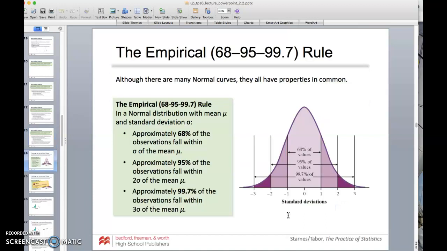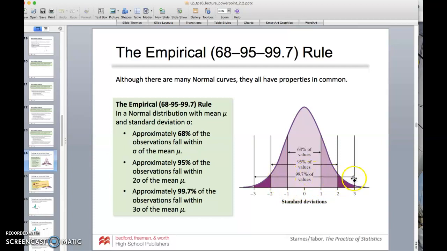So here's the empirical rule. The empirical rule basically says, okay, here's your mean. If you go one standard deviation above and below, if it's normally distributed, about 68% of your values are going to fall within one standard deviation. All right, and then within two standard deviations, 95% of your values should fall within those.